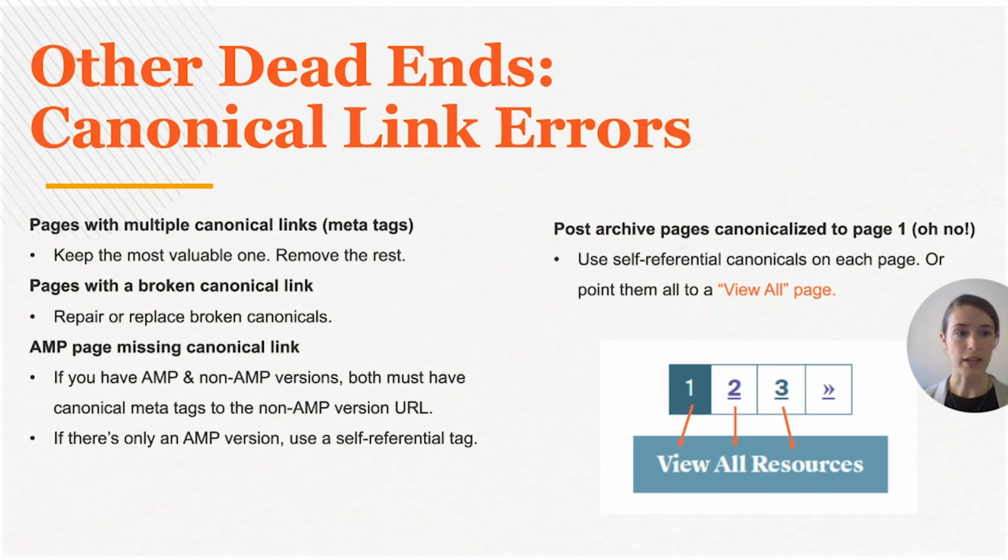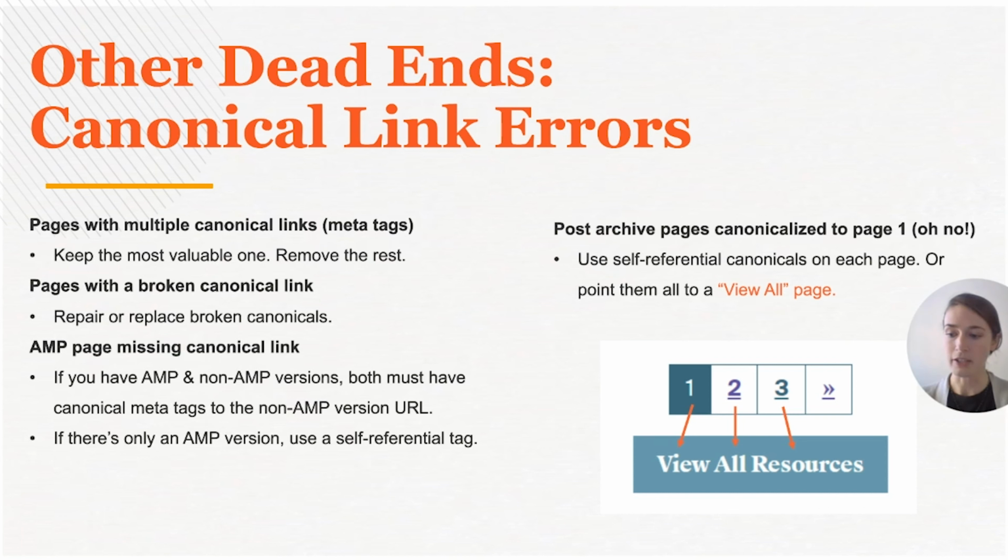Next, if you use AMP, otherwise known as accelerated mobile pages, there's a very specific way to apply your canonicals correctly. Make sure that you follow those practices so that you don't end up with AMP errors as well.